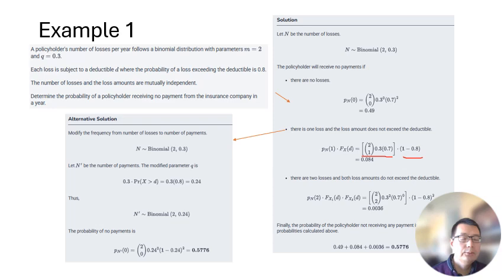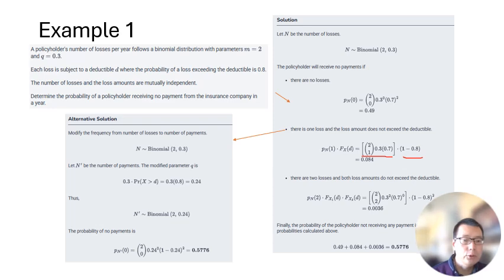Alternatively, we can utilize what we talked about earlier by applying the factor to the parameter. So here you have the N is the following binomial with parameter 2 and 0.3, and let M prime be the number of payments. The modified parameter q will be 0.3 times probability of X greater than d, which is 0.8.